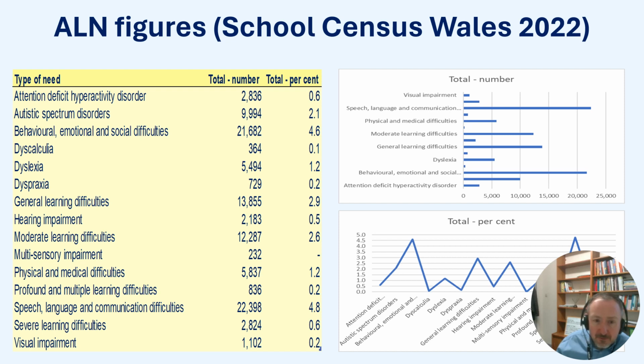Roughly 21,500 students have needs classed as behavioural, emotional or social difficulties. And then we've got areas like autism, just under 10,000, ADHD, just under 3,000, and dyslexia, just under 5,500. So it gives us some idea of the range of different areas of need that teachers in schools in Wales are supporting.